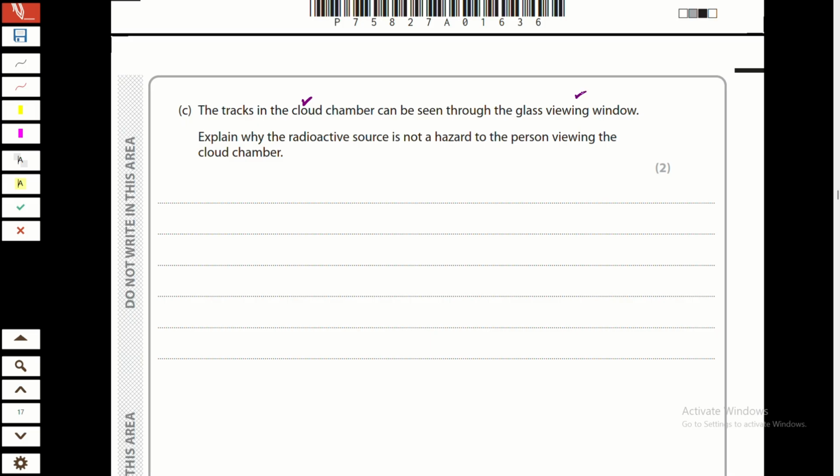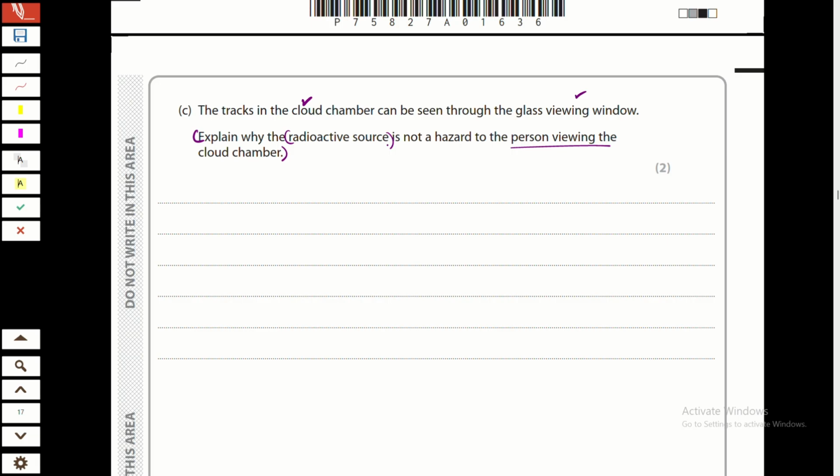Okay. The tracks in the cloud chamber can be seen through the glass viewing window. Explain why the radioactive source is not a hazard to the person viewing the cloud chamber. The particular reason is that the radioactive source emits alpha particles, and alpha particles are not dangerous when they are outside the body, because their penetration ability is weak.